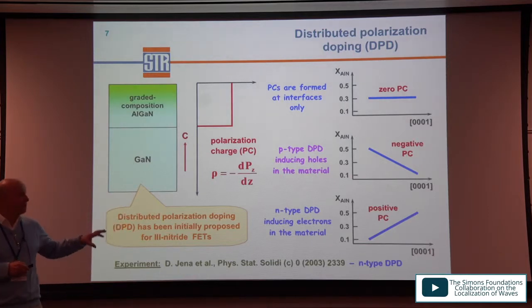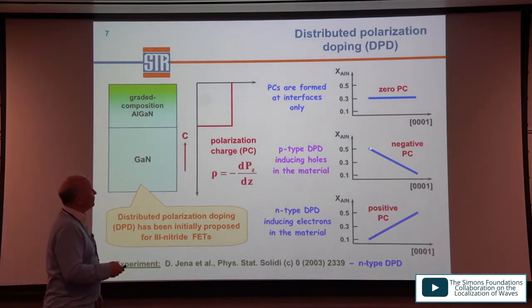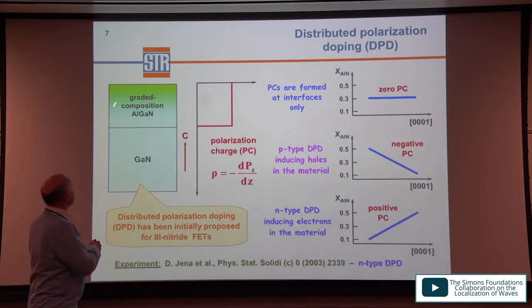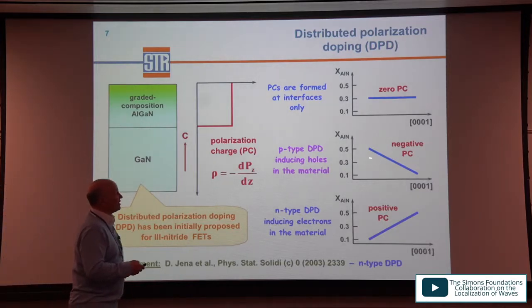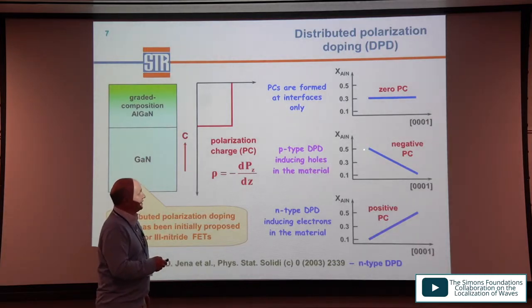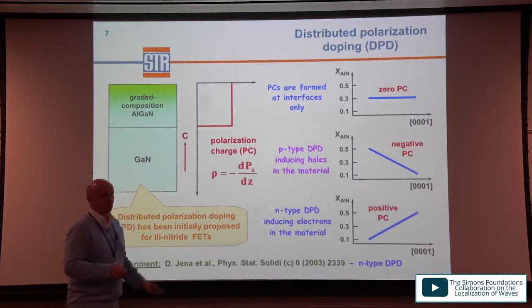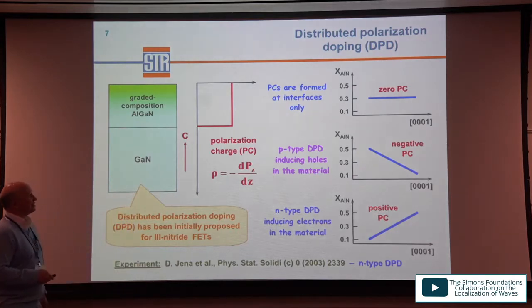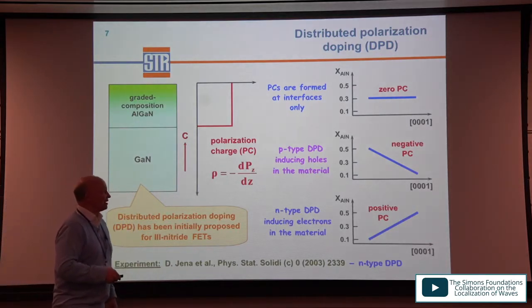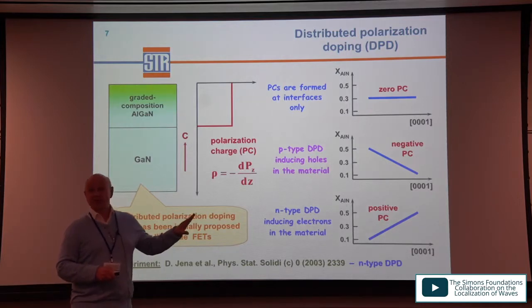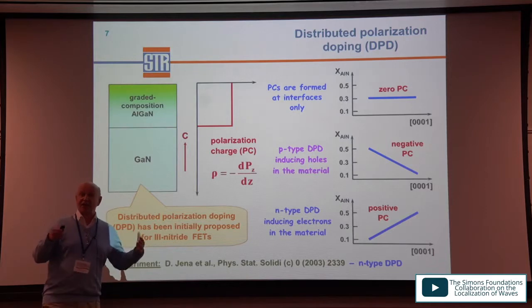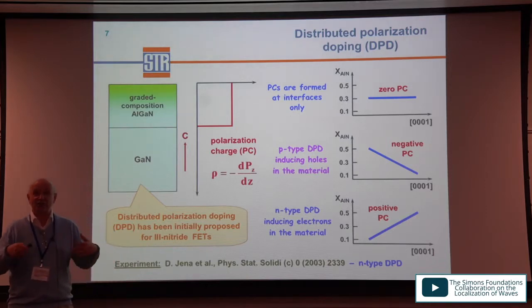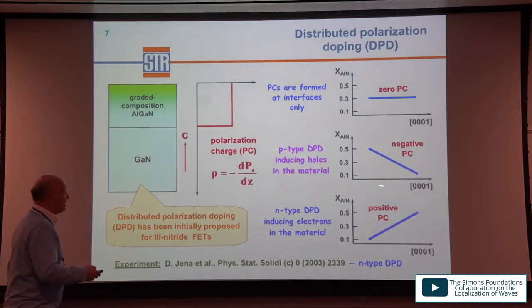in the structure. So let's consider aluminum gallium nitride as an example. If the aluminum content is increasing along the hexagonal axis, in this case, the polarization charge is positive, and some electrons try to come to this region in order to compensate this charge.